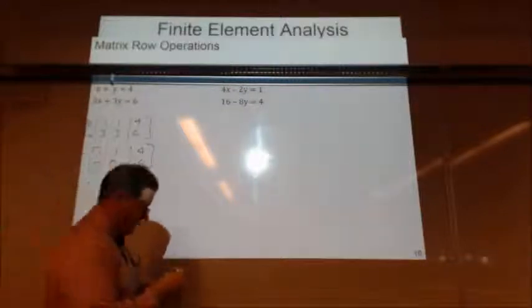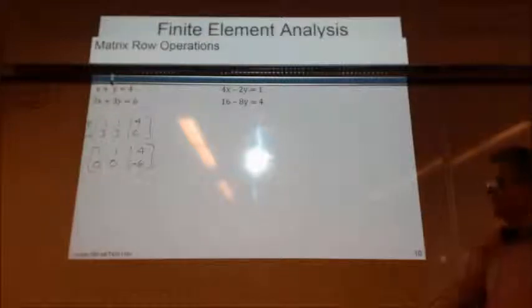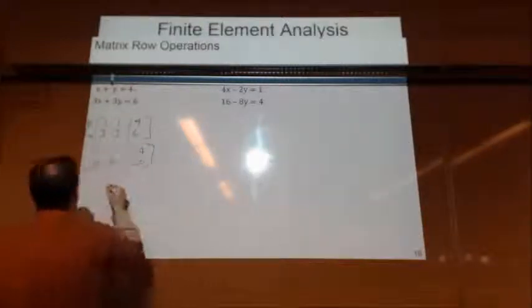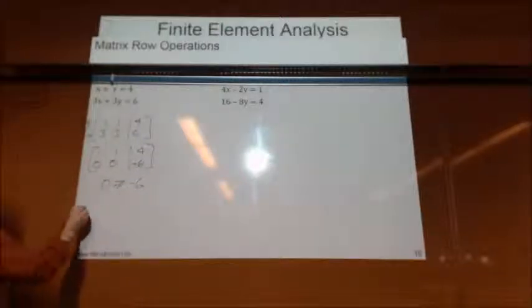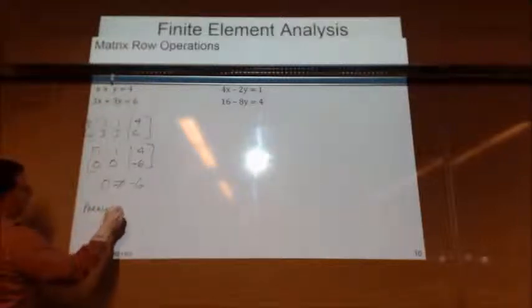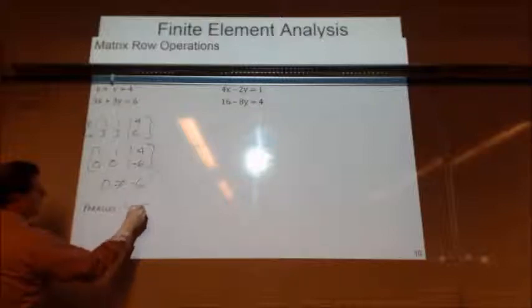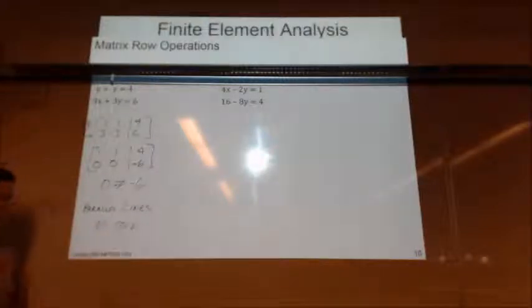So this is undefined, or we would say 0 doesn't equal -6. So this would be an example of parallel lines. There's no solution, right?